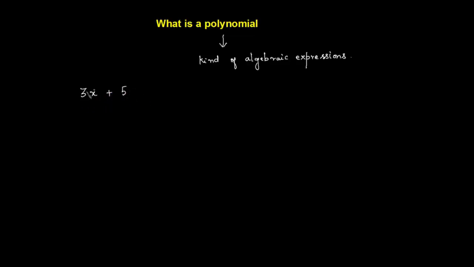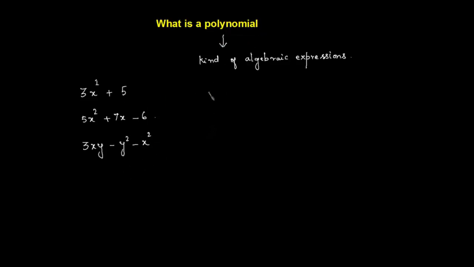So this is a polynomial because the power of x is 1. Suppose you take an expression like 5x square plus 7x minus 6. Then this is also a polynomial. Now, consider an expression like 3xy minus y square minus x square. Now, this is also a polynomial. So, these are all polynomials. These are also algebraic expressions.